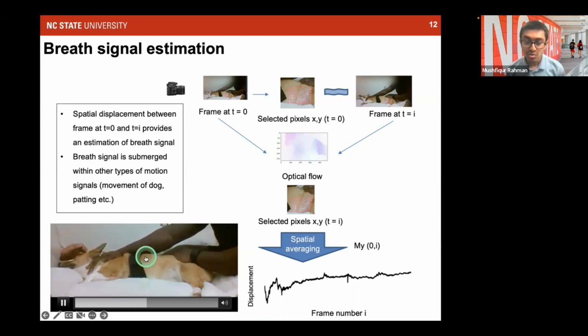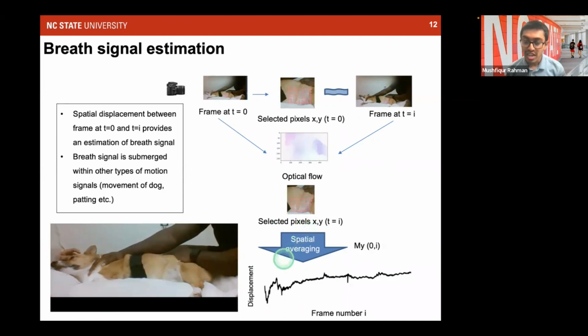As we have already selected the region of interest, we can just get the spatial averaging of our selected pixel locations, and so the noise is decreased, and we can keep this displacement signal as our estimation of the breathing signal. But obviously, this signal also contains information about other kinds of motions, but overall this displacement signal has the trace of the dog's breathing.